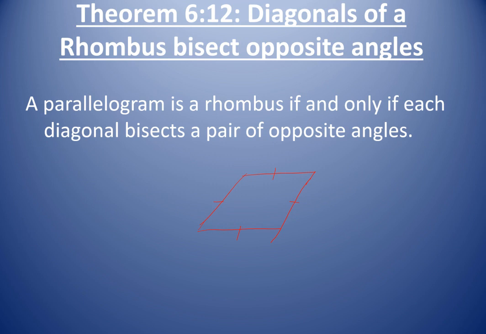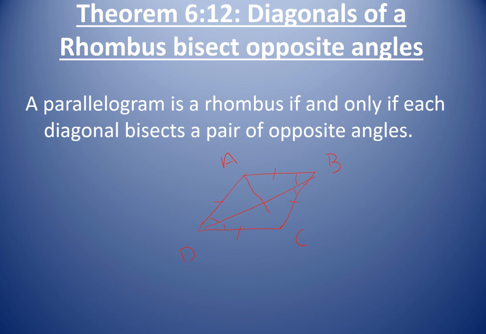Nifty neat little feature on this pen is the erase. Okay, so our sides are congruent because it's a rhombus. So what this theorem says is when you take a diagonal across, this is congruent to this, and this is congruent to this.